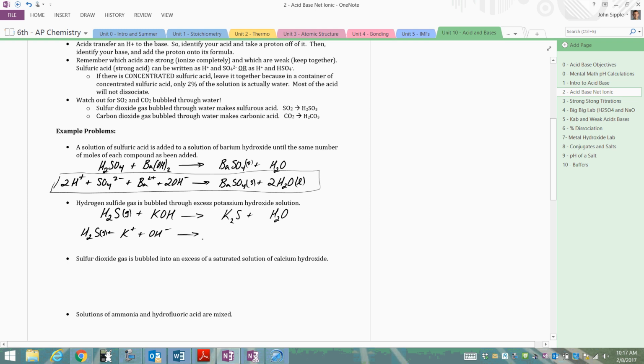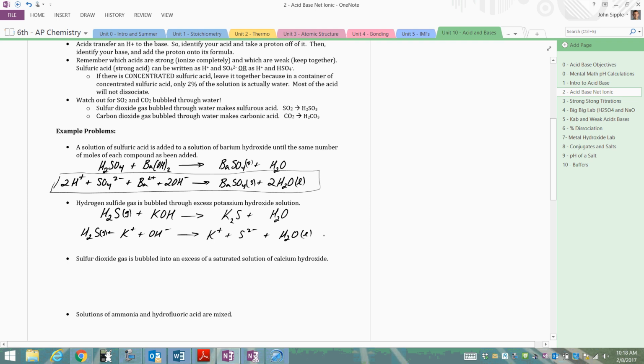Potassium sulfide, is that guy soluble or insoluble? Soluble. So that's K plus and S 2 minus. And water we leave together.